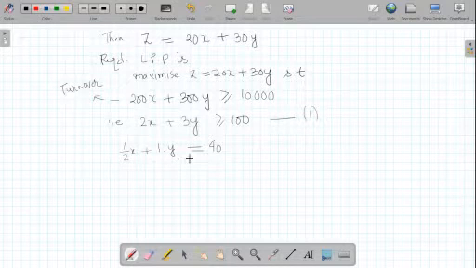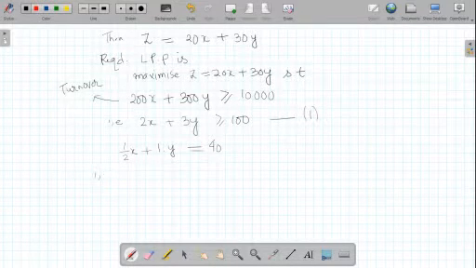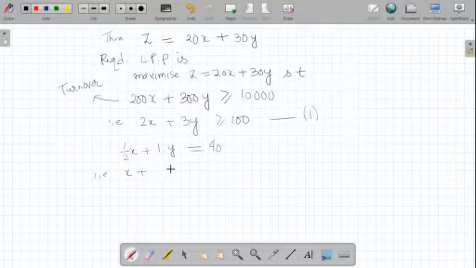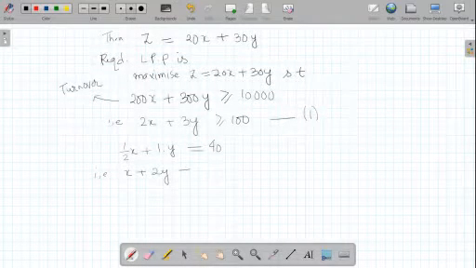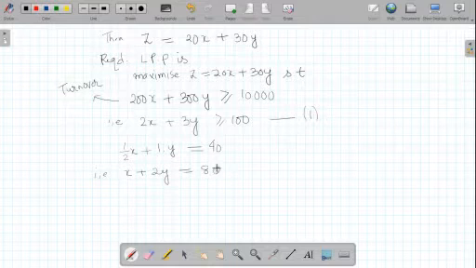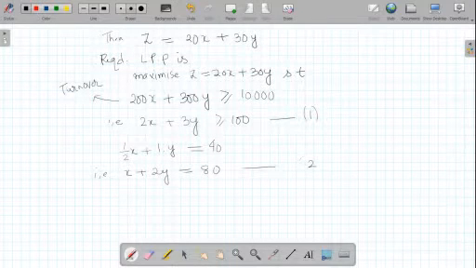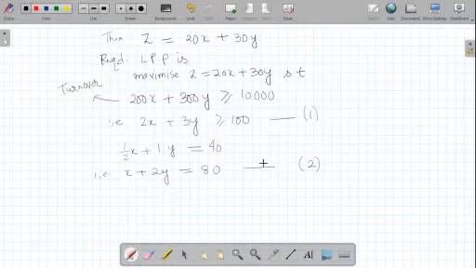Okay, now solving this equation, so it will be x plus 2y equals to 80. So this is my second equation.